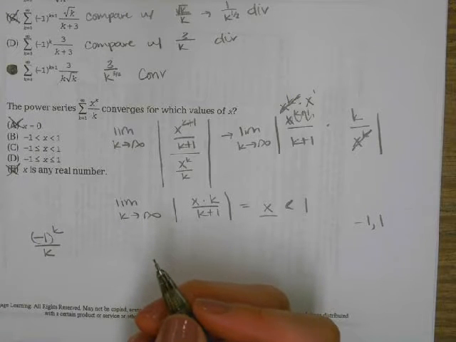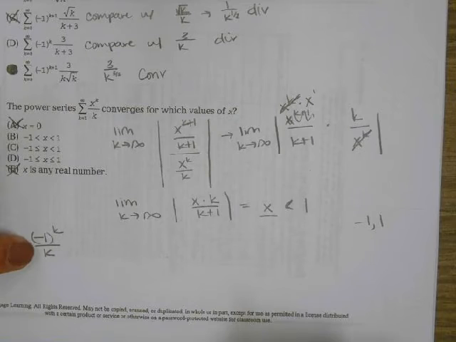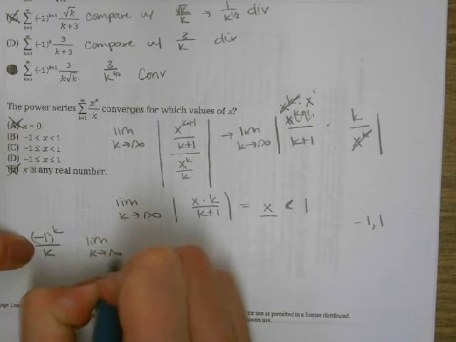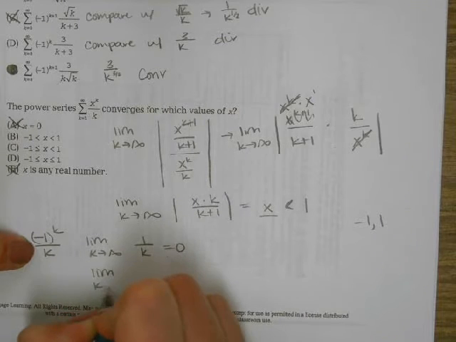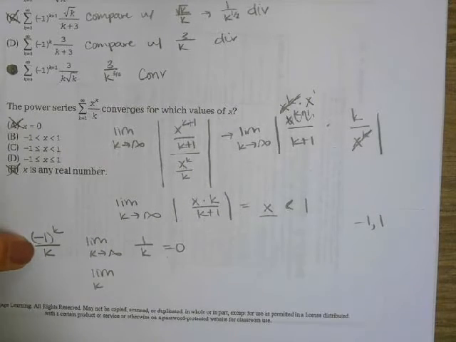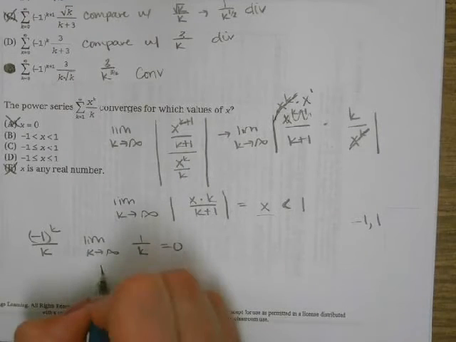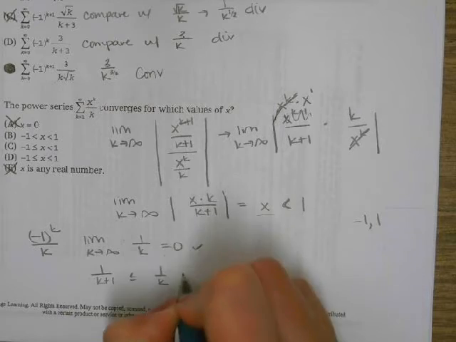When I did this one, I went ahead and did the alternating series test on it. So I said the limit as K goes to infinity of 1 over K is 0. And then I said 1 over K plus 1 is less than or equal to 1 over K. True, true.